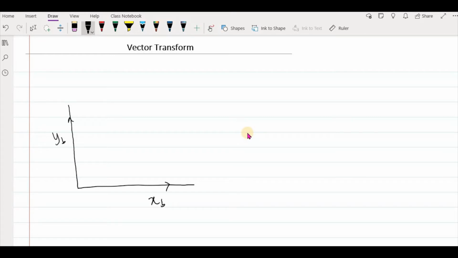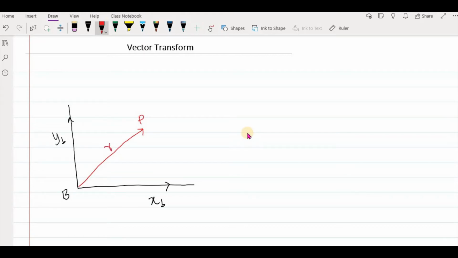So let's say we have a frame, and let's name this frame frame B, and in this frame we have a vector. The point is P.